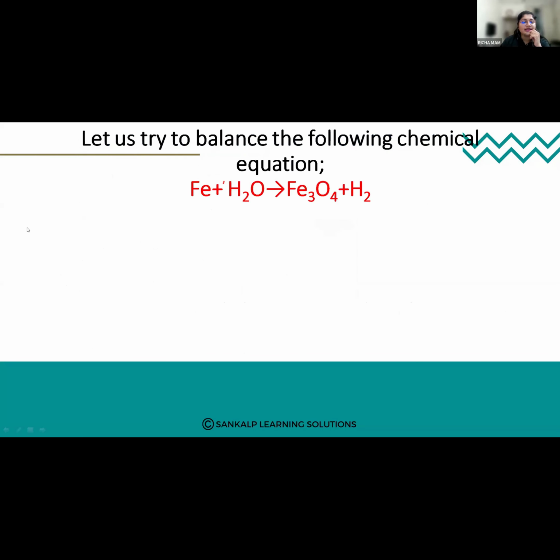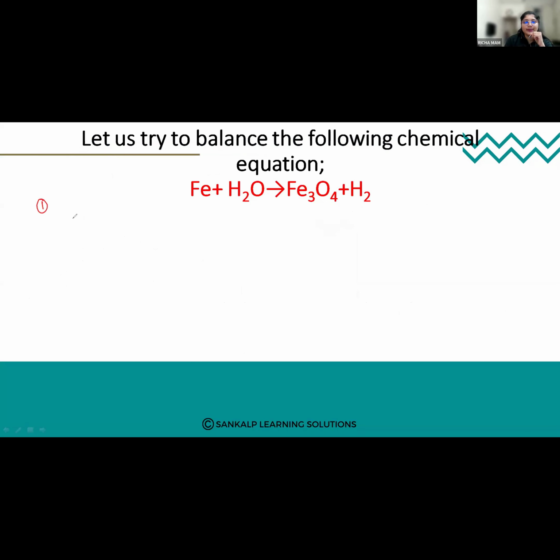Let us see one example. I have taken this example from your textbook. This is the first equation: iron reacting with water to give Fe3O4 plus H2. Now what is the first step?